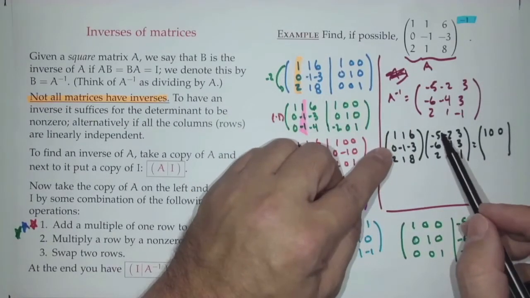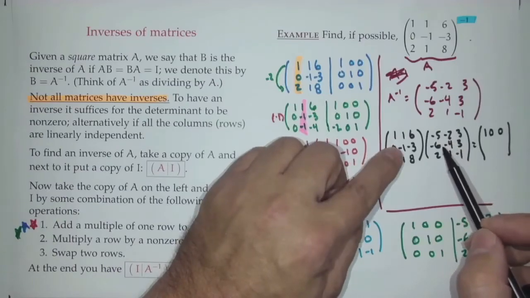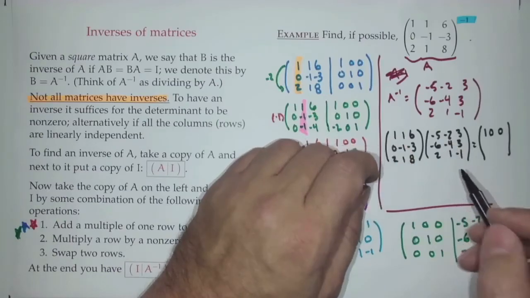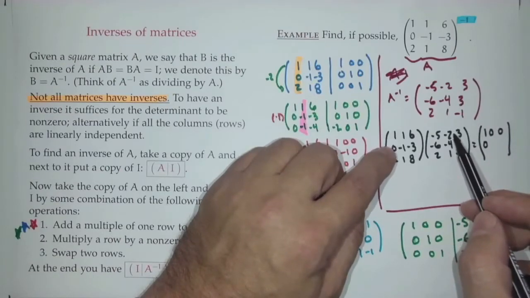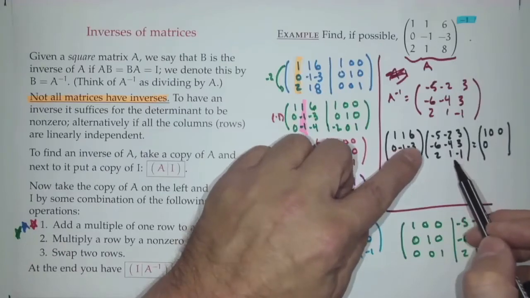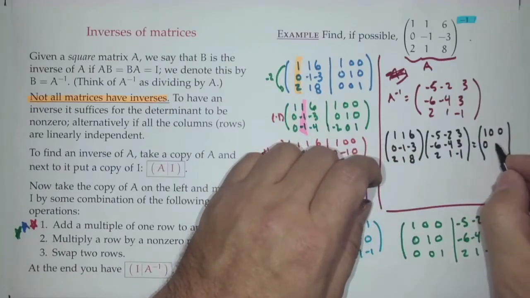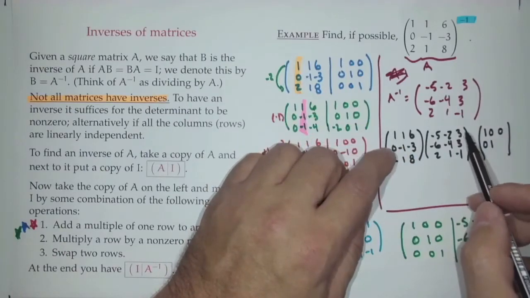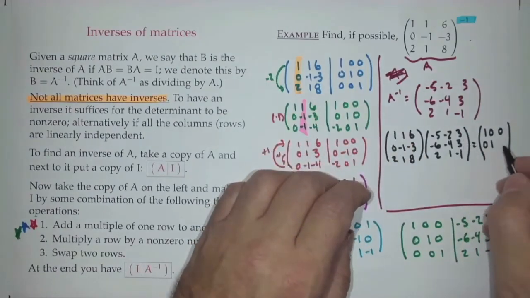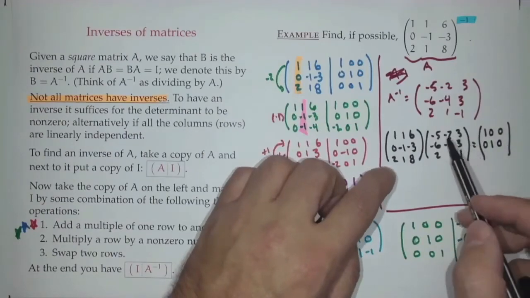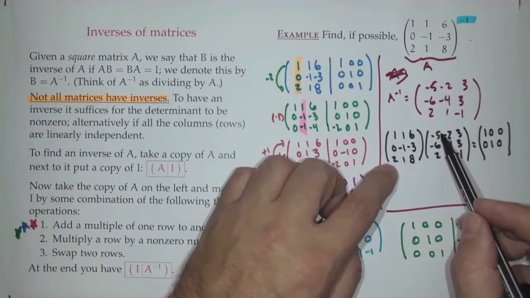Next row. 0 plus 6 minus 6. 0. 0 plus 4 minus 3. 1. 0 minus 3 plus 3. 0. Okay, last row.